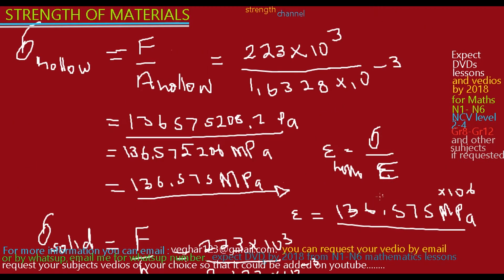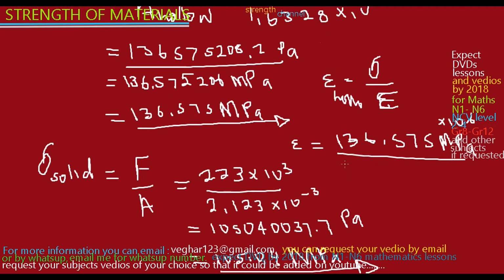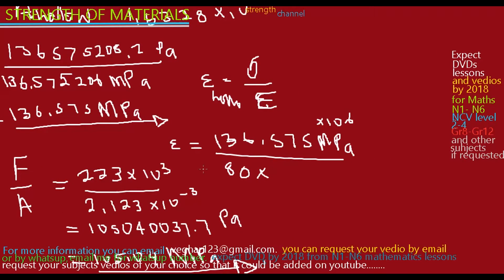So let's say it's 80. You find the strain first.